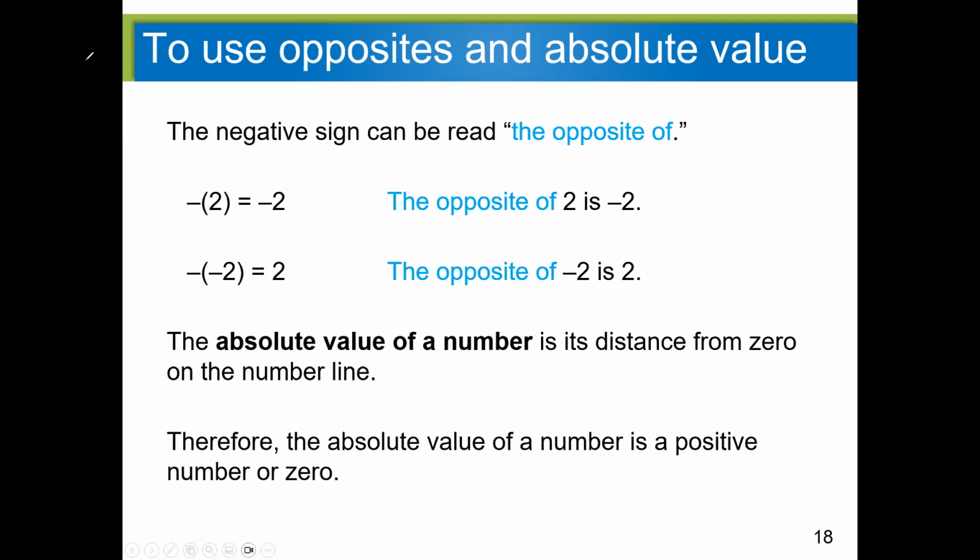And then the absolute value of a number is, in practice, the positive number, but as a strict definition, it's the distance from 0 that the number is. So the absolute value of anything is a positive number, even if it's in the negative direction.